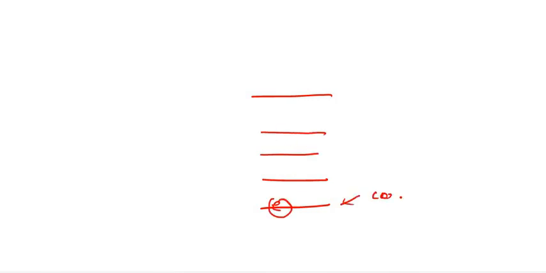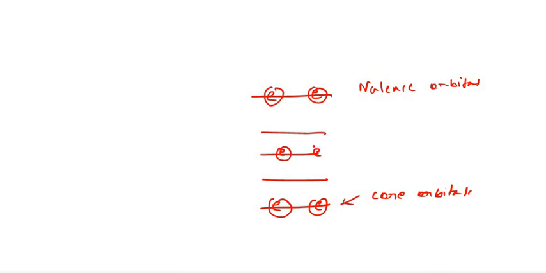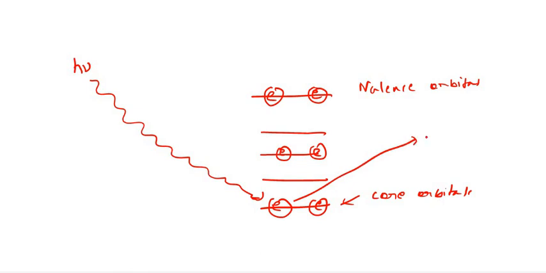As we all know, there are different types of orbitals present in the atom. Say we consider one core orbital and one valence orbital in which electrons are present, and let me consider one more orbital in which electrons are present. If we irradiate radiation of sufficient energy, this energy is absorbed by the electron, and this electron is emitted as a photoelectron.